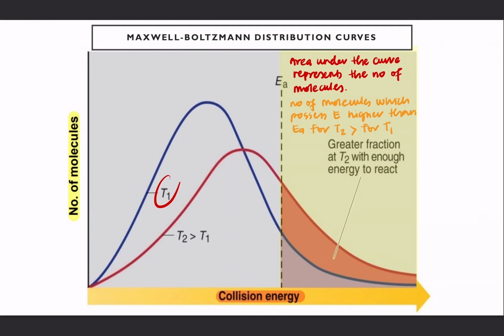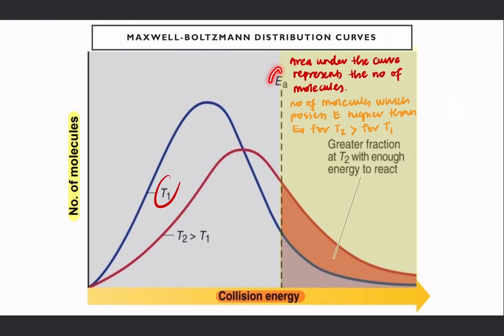So that is just the average kinetic energy. But now we want to know how much of the molecules will exceed the activation energy, because we want to know the number of molecules that will turn into products.